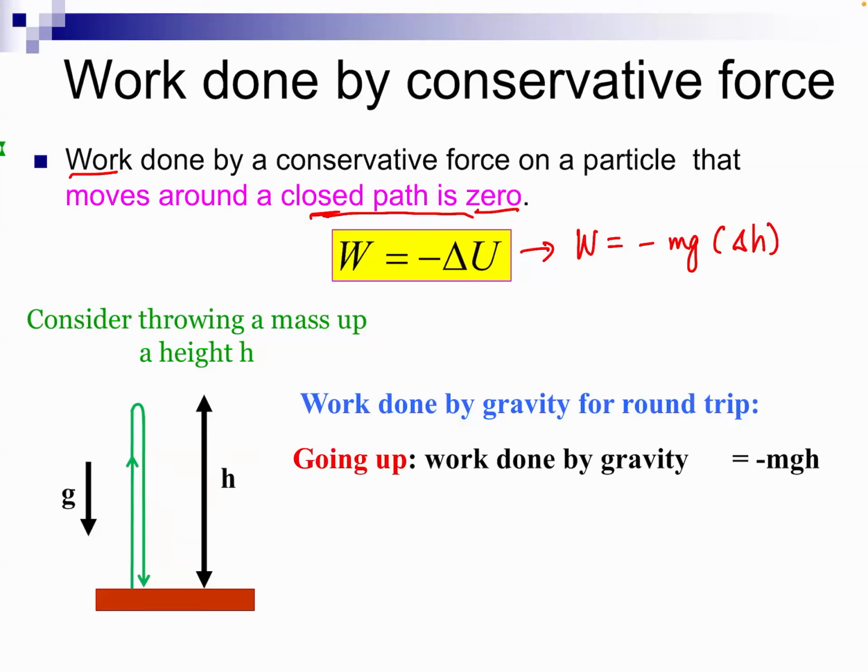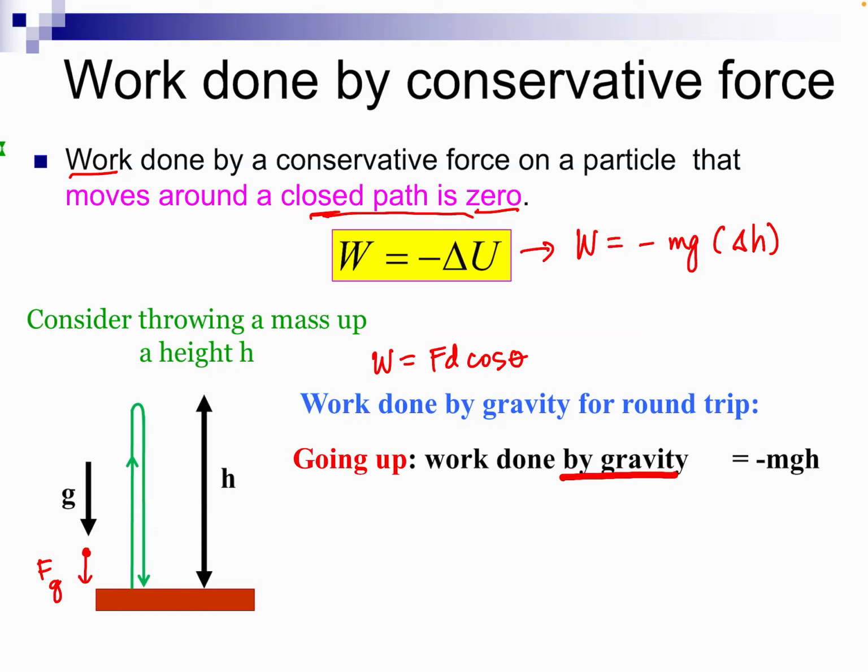Why? Remember, work is equal to Fd cosine theta. It's the work done by gravity, therefore the gravitational force is always downwards.